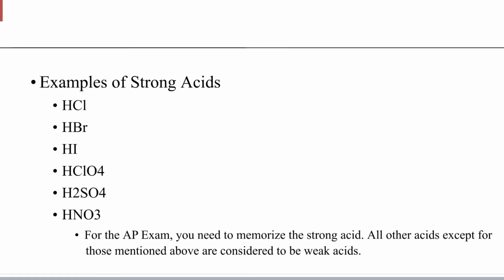These are the only 6 strong acids that we have, so memorize them. All the other acids you can rightly assume are weak. If it's not any of the 6, you can assume that it is a weak acid. We'll talk about weak acids and weak bases in a different video, but for the strong ones, make sure you memorize them.